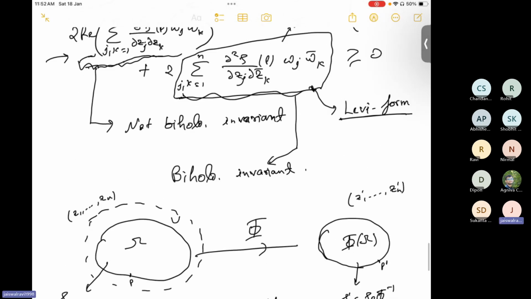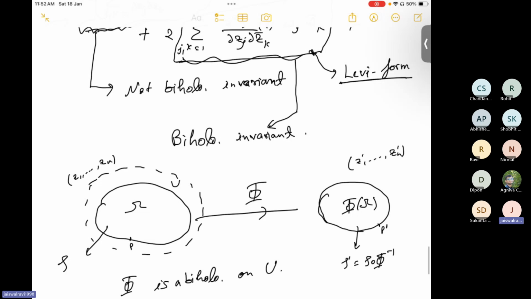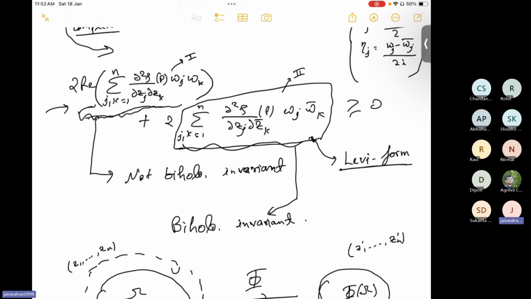We'll see that under this biholomorphism phi, expression 1 is not invariant, but the second expression is biholomorphic invariant. And note that we restrict our W to the complex tangent space, because we want to do analysis on the complex tangent space; it may not be preserved if W is just in the tangent space but not in the complex tangent space.